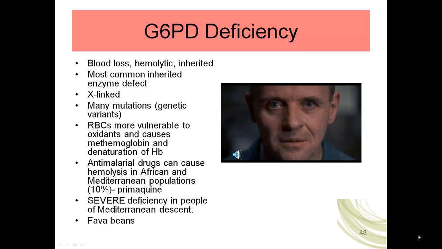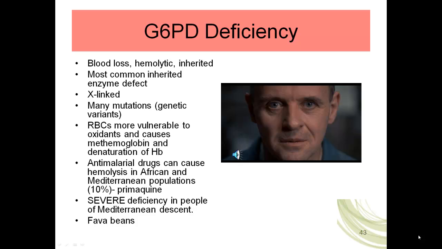Now, anti-malarial drugs can cause profound hemolysis in people of African and Mediterranean descent, and here's the reason why. The way anti-malarial drugs work is by causing a lot of oxidative damage.